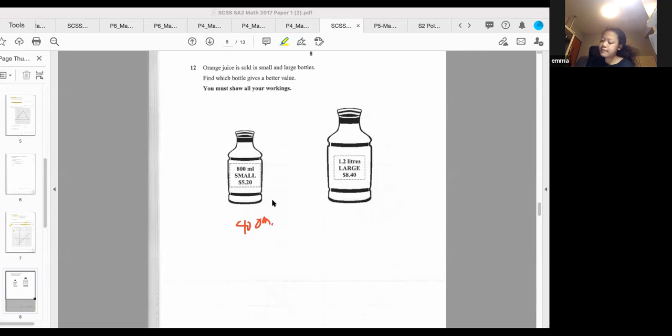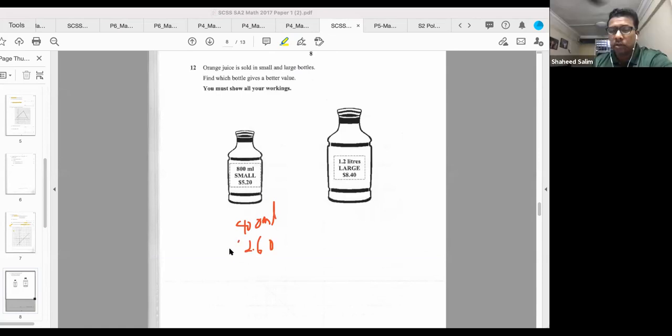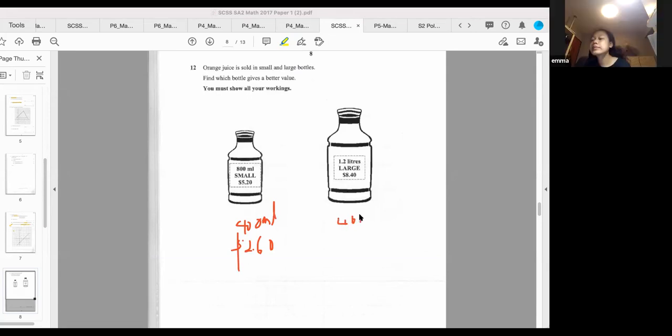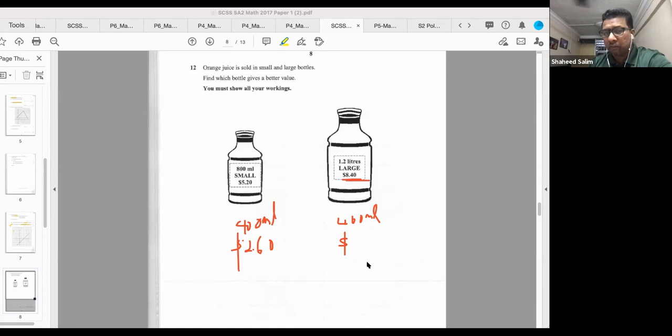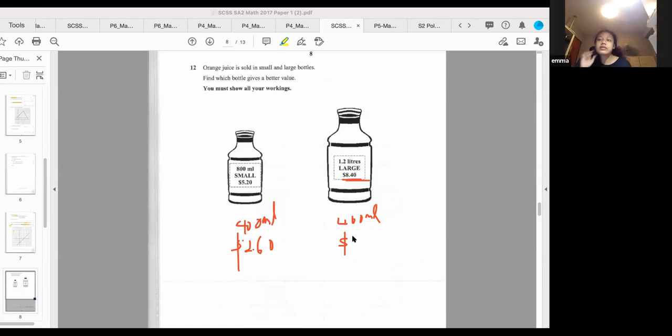What is 520 divided by 2? 2.6. Now, from 1.2, I divide by 3. I get 400 milliliters or so. Can you divide 840 divided by 3? What do you get? 2.8. $2.80. Can you see now?